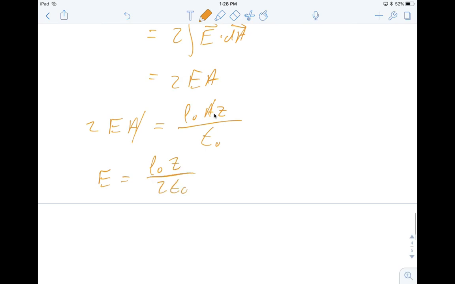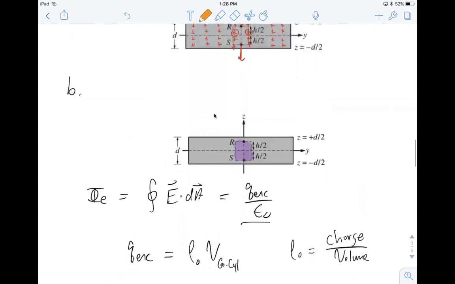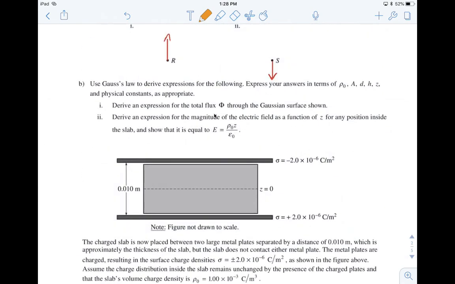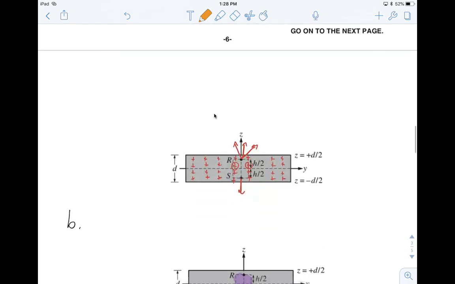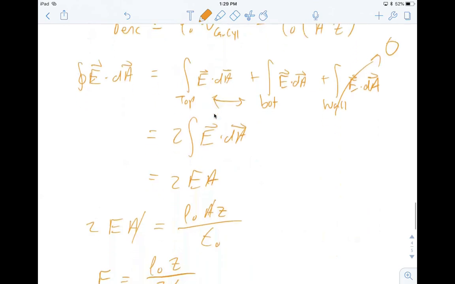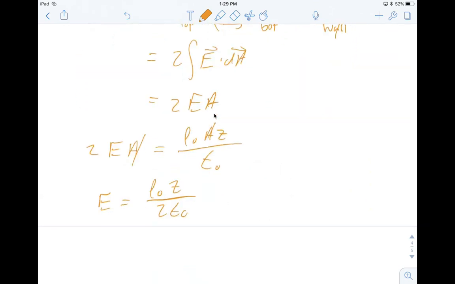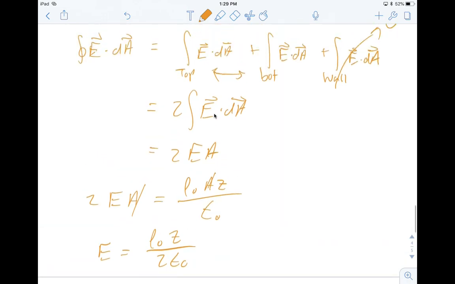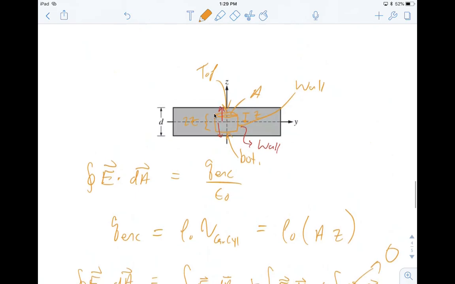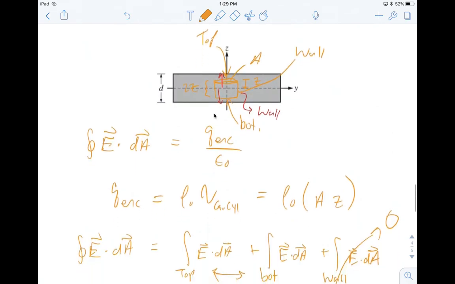They gave us the answer, they wanted us to show it: rho naught Z over epsilon naught, and we did not get that. So why did we not get that? Oh, I know why.